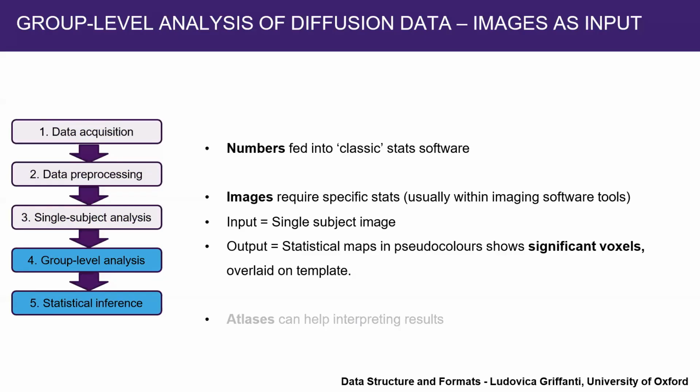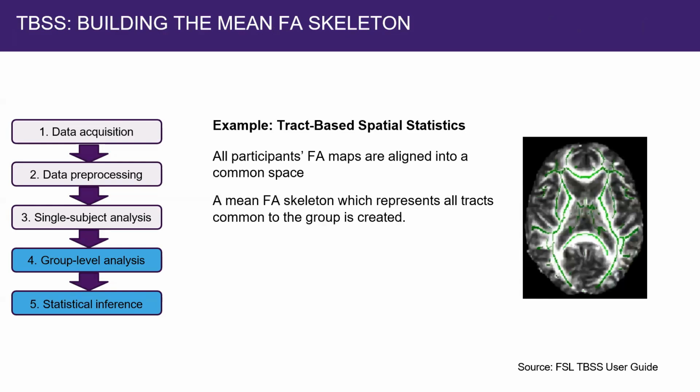Normally, when you acquire all of the images, you have different kinds of metrics, and then you can evaluate your different kinds of maps. So I will talk about some of them. Mainly you have what is called tract-based spatial statistics. You take all of the FA maps and align them in a common space, because every brain is different.